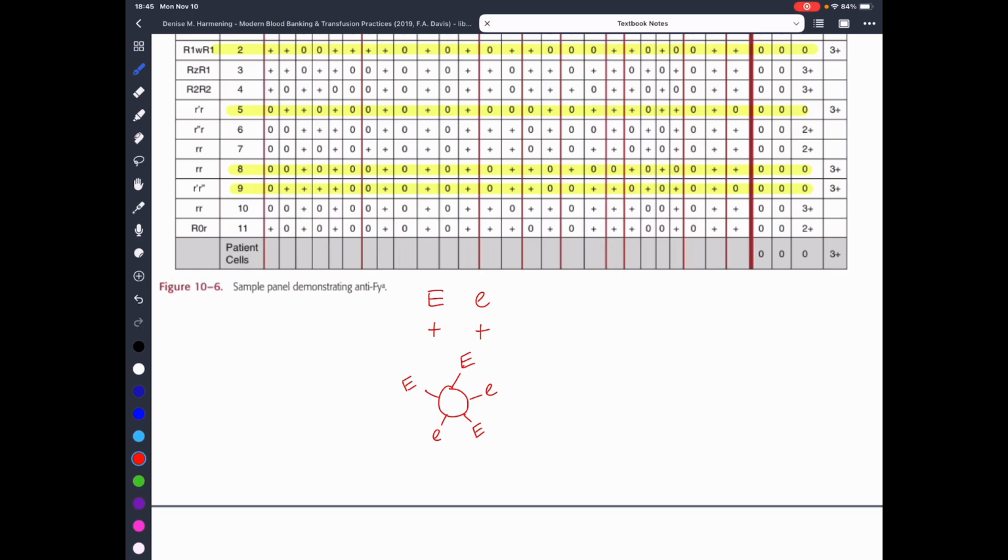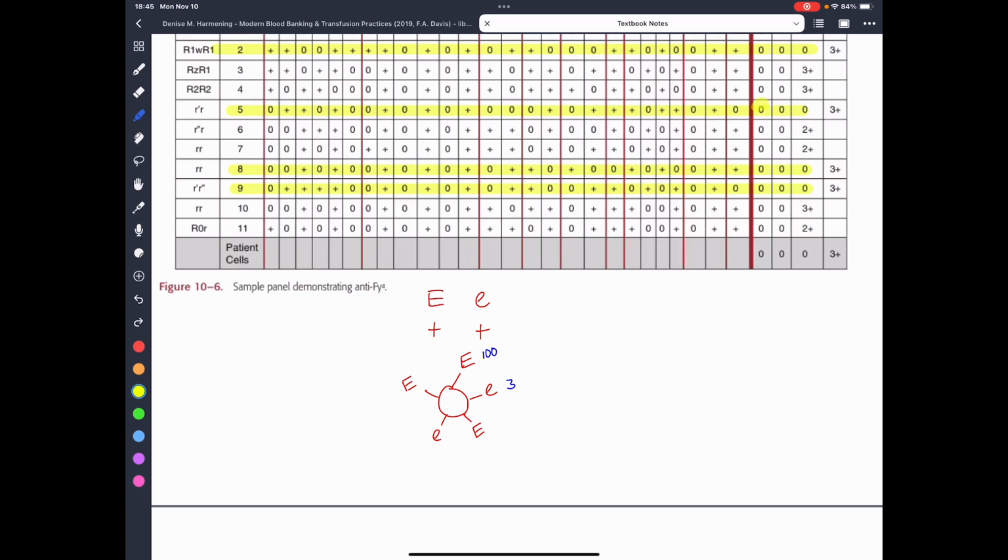And so when there's dosage, that means that maybe there's 100 different capital E antigens per red blood cell, but maybe there's only like 3 lowercase e antigens per red blood cell. And so maybe when the antibodies bind these 3 lowercase e antigens, it's not enough agglutination to give a positive result.